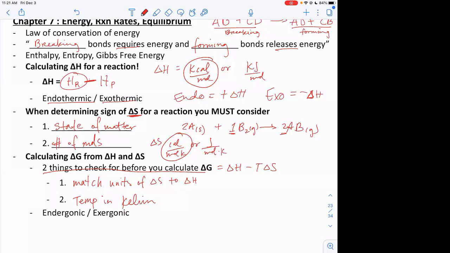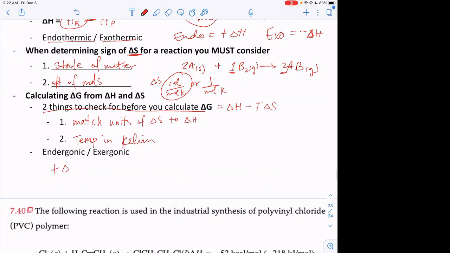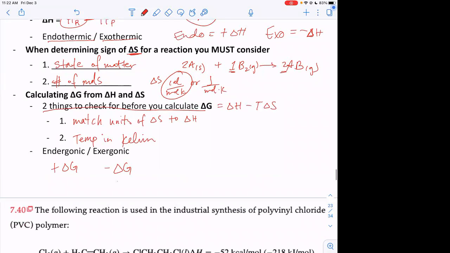Okay, endergonic, exergonic. Once you calculate your delta G, what does that mean? What's an endergonic reaction? Yep, positive delta G, which makes exergonic a negative delta G. Which one is spontaneous or favorable? Yes, exergonic is favorable or spontaneous.